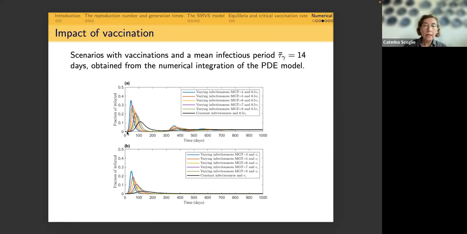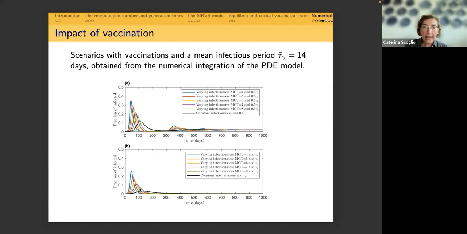So these are multiple curves. We have time in the x-axis and fraction of infected in the y-axis. And these two situations, the panel A and panel B, report two different values of the vaccination rate. In panel B, the vaccination rate is exactly equal to the critical vaccination rate.